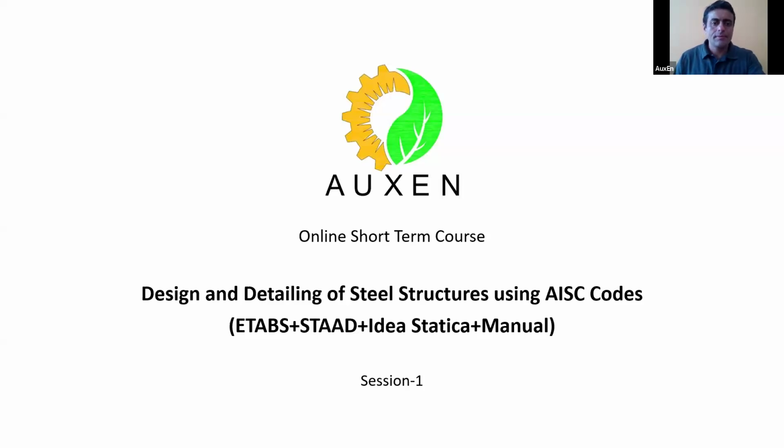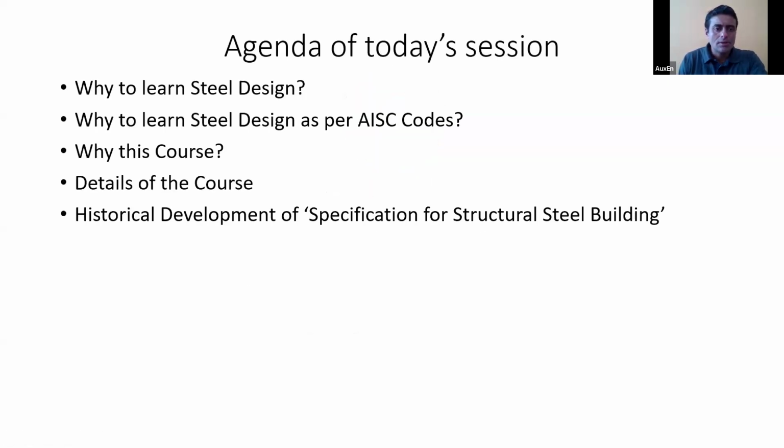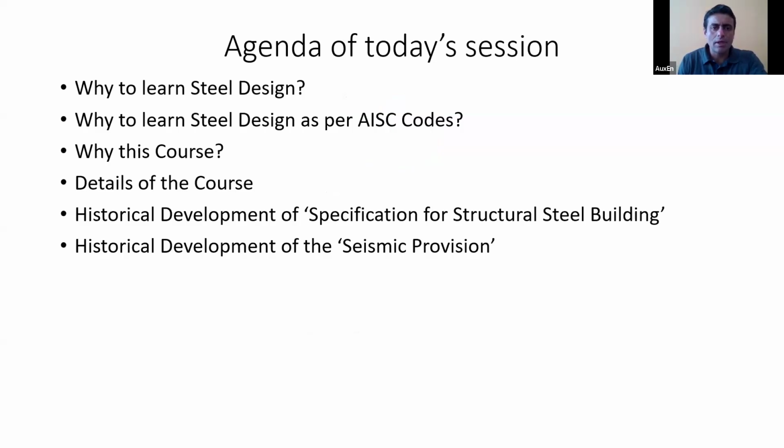So quickly, showing you a PPT for the first time and for the last time during this course. I would like to repeat a few things from what was already discussed in the introductory session, and then we'll have a quick look at the details of the course.